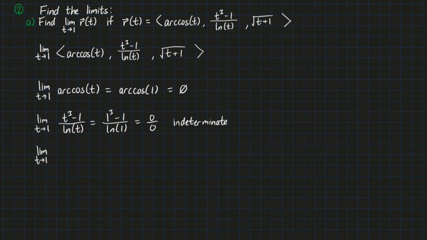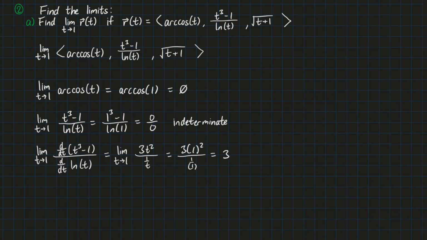We can rewrite this as the limit as t approaches 1 of the derivative with respect to t of t cubed minus 1 over the derivative with respect to t of ln of t. Now we have the limit as t approaches 1 of 3t squared over 1 over t. And now we can directly substitute.